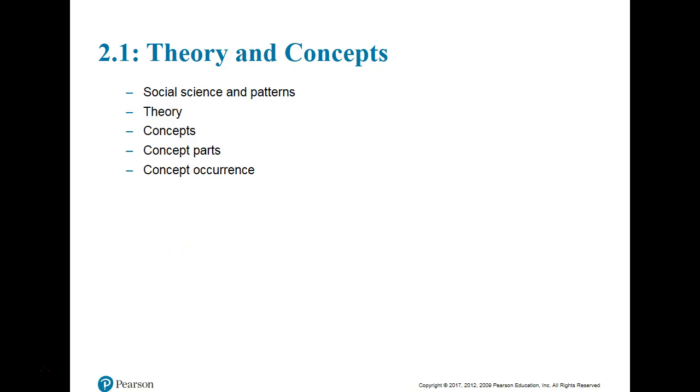You're looking for a testable proposition, your general applicability, and these theories are built on your concepts, which are the basic building blocks. The concepts that we're talking about in qualitative research are really the smaller components to your theory. They're symbolic, abstract, representative elements of objects, phenomena, ideas.